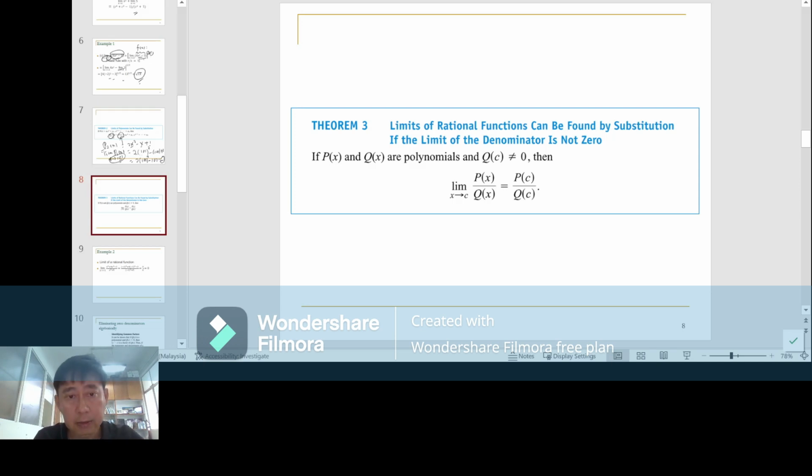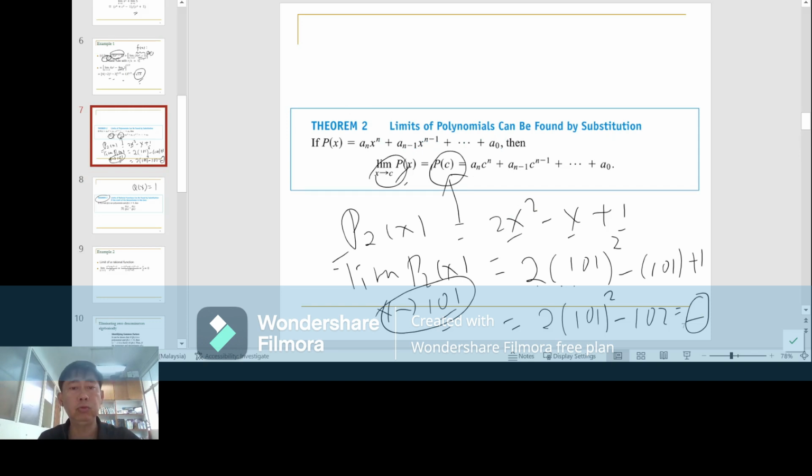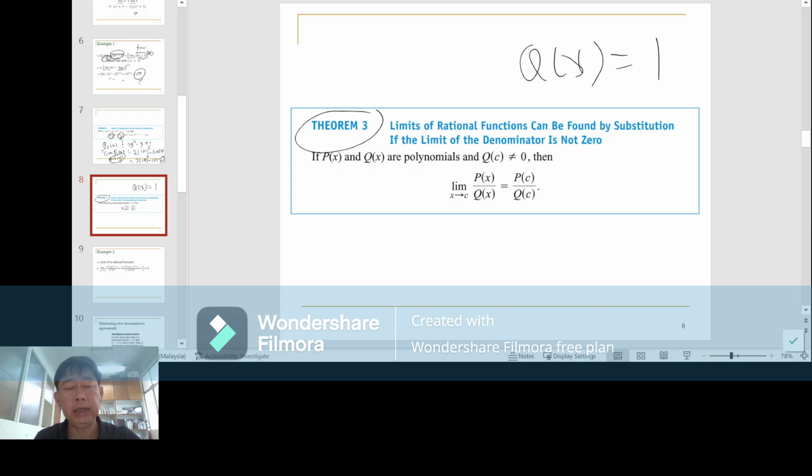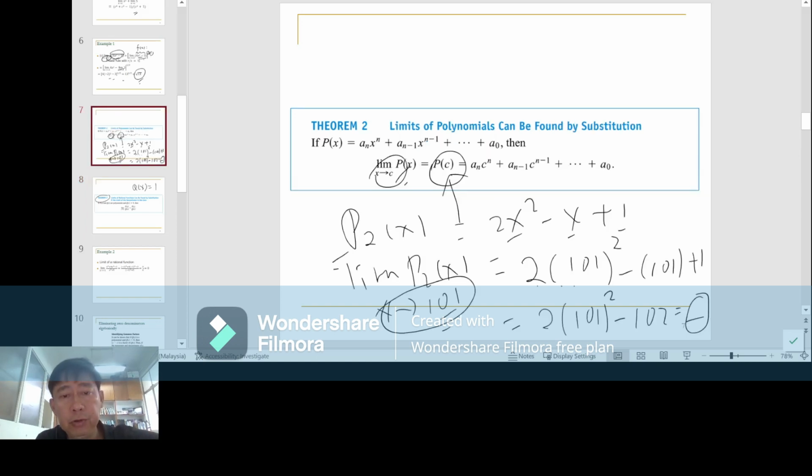Then theorem 3 is kind of a generalization of theorem number 2. That is, if you set the function q(x) to be equal to 1, then theorem number 3 just reduces to theorem number 2. So theorem number 3 is a generalization of theorem number 2.